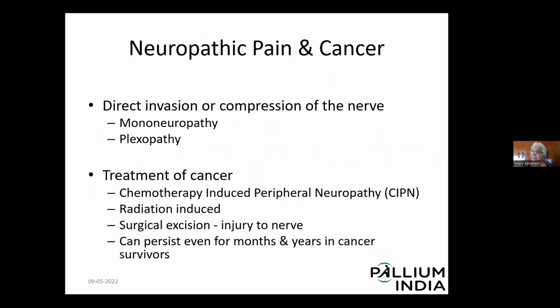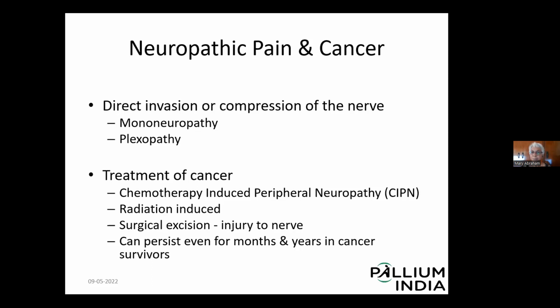Now, why does neuropathic pain occur in cancer? First of all, it could be because of direct invasion or compression of a nerve near the cancer, which could be a mononeuropathy or a plexopathy, because when the cancer is increasing in size or compressing the nerves, it can cause neuropathic pain. Or it could be because of the treatment of cancer.